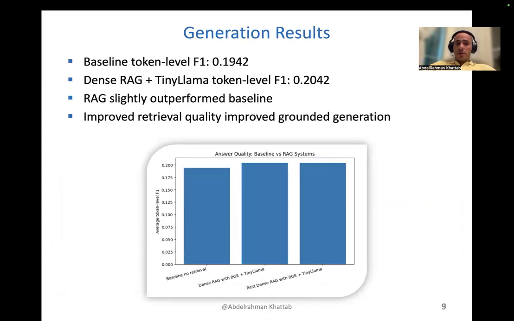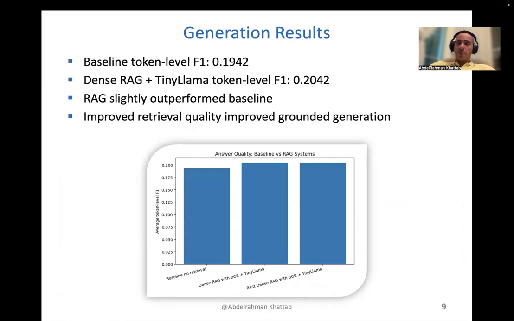For the generation, I used TinyLlama. I got a baseline token-level F1 of 0.19. This is for the baseline. When I used the dense RAG with TinyLlama, I got a little bit higher. So the RAG slightly outperformed the baseline. I understand it's not a huge improvement.